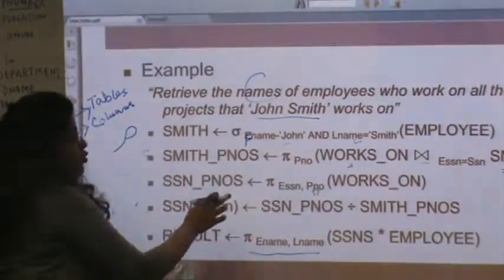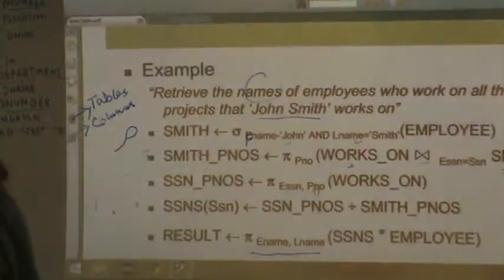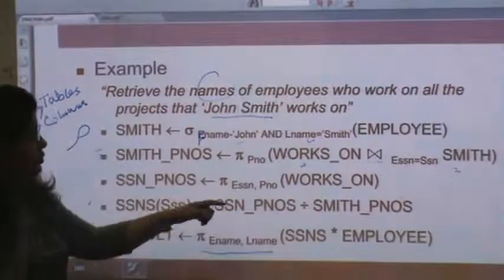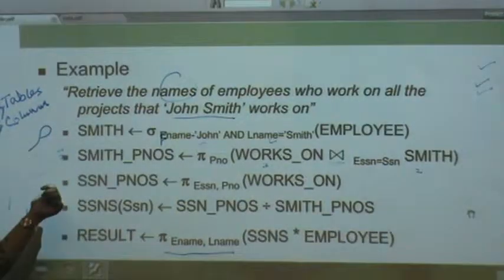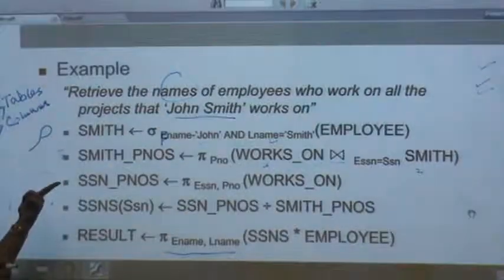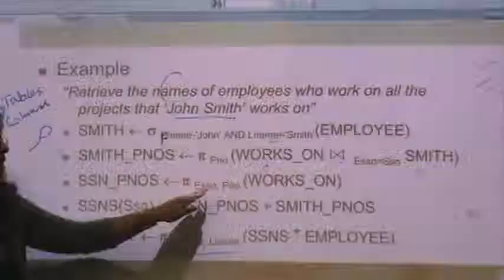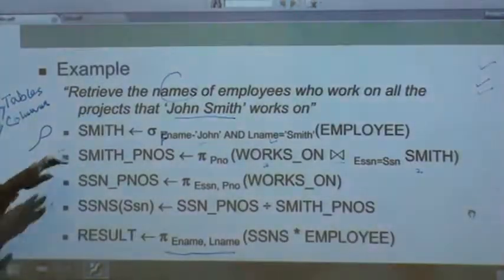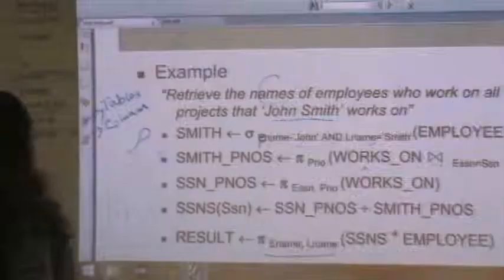Now from works on I also need ESSN and PNO. Why do I need that? Because ultimately I will do a division here. So if I can retrieve from works on only the SSN and the project number, P number means project number, and here it has already been returned, which is Smith's project number and details, like hours, P number and SSN.